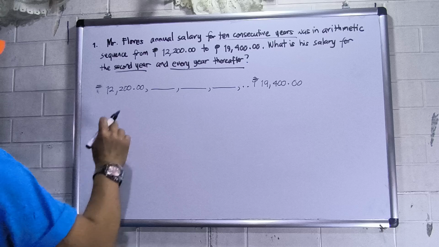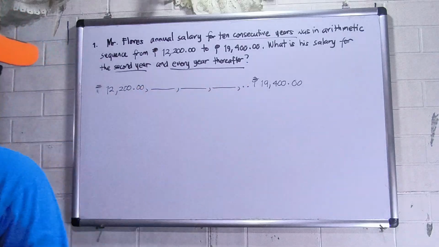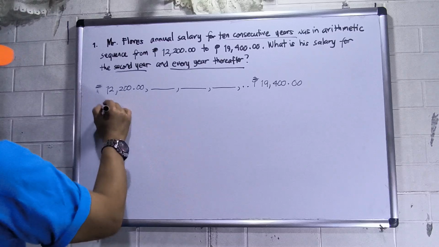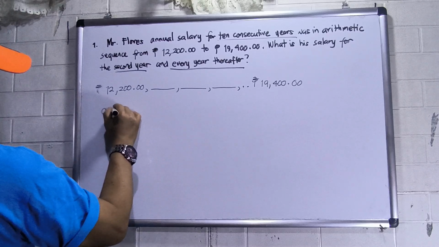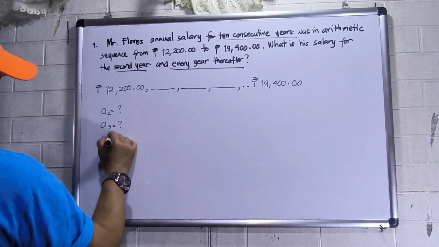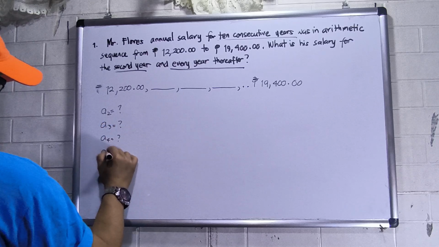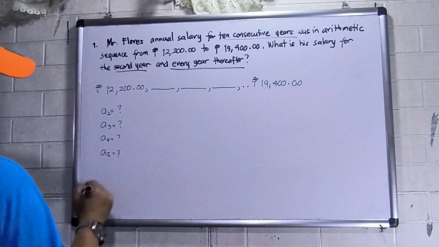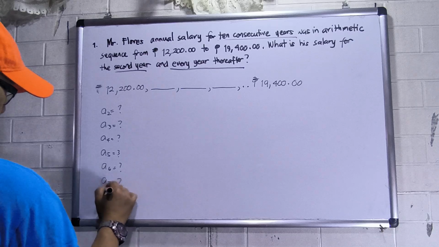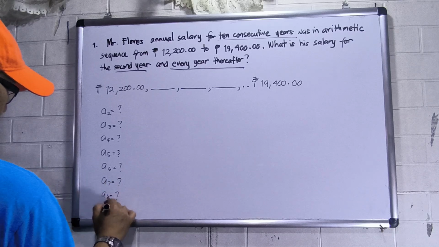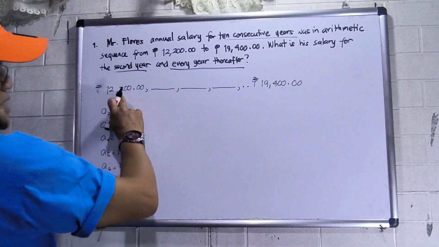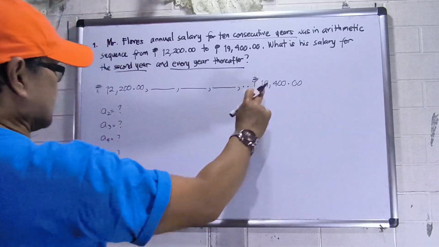So we need to answer this blank later. So this is every year thereafter. So the question is A2, A3, A4, A5, A6, A7, A8, and then the last is A9. Because A1 is given and then A10 is given.